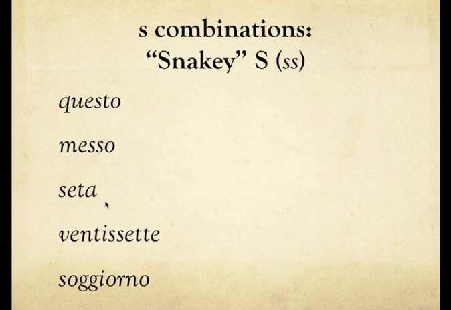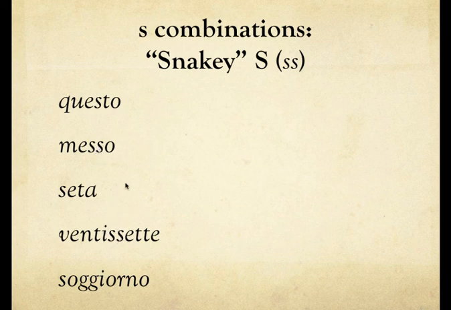Seta is silk. Sette is the number seven. Soggiorno means a stay or sojourn. You'll notice when the S is by itself, next to a consonant or beginning a word, it's going to have a sss sound. Other times you'll see the S is doubled.